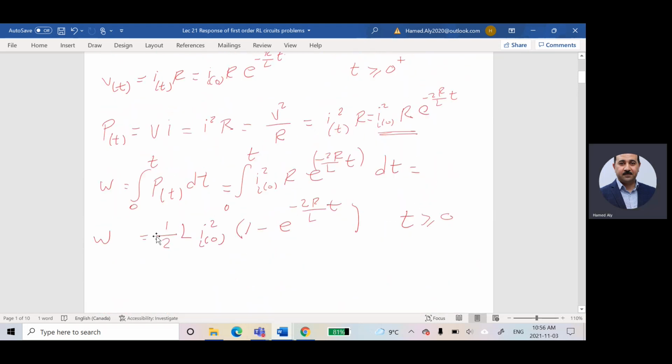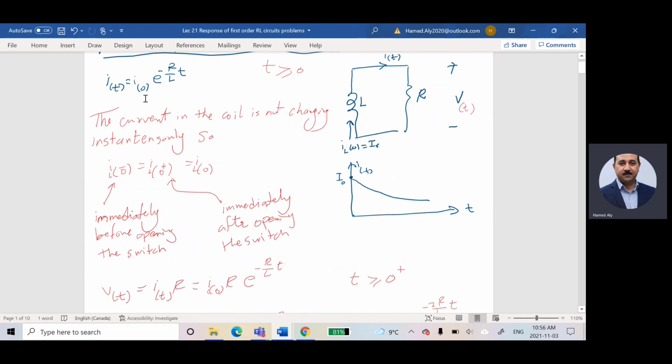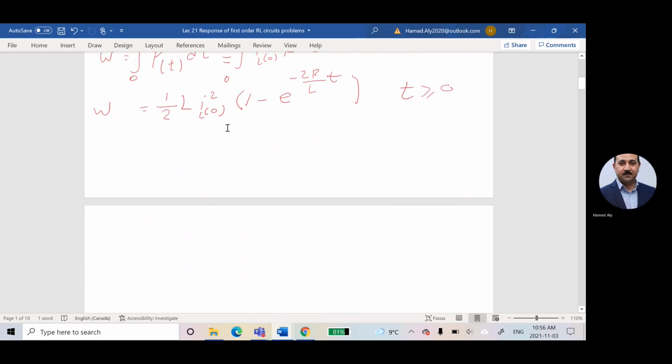But what if you would like to find W for the inductor? You go back to this equation and find its voltage, which is L dI by dt, then find the power, which is equal to VI, and then find the integral of that. At that time, you will get something opposite to this one. Based on that, I can calculate the initial energy stored and the final energy, but in the opposite way.